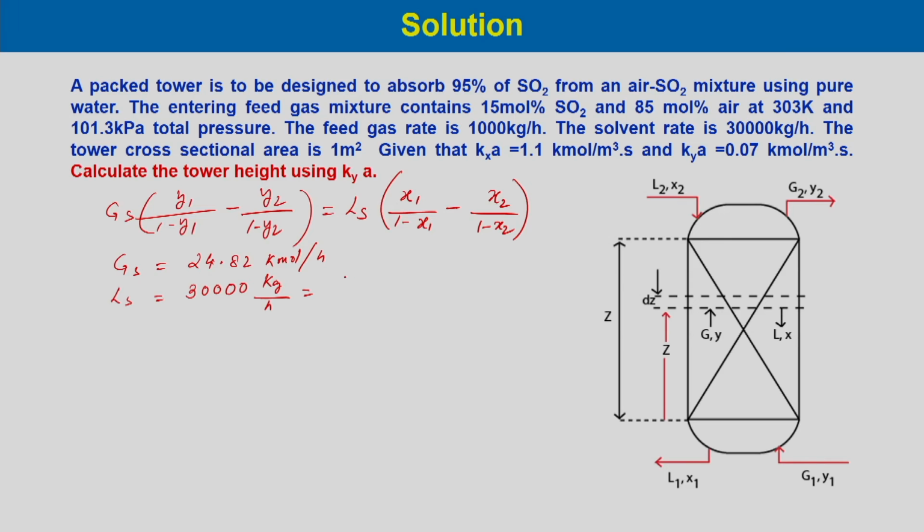So, it will be 30,000 divided by 18 kilomole per hour, which is essentially 1666.67 kilomole per hour. y1, the entering feed gas mole fraction, is 0.15 and y2 is 0.088.